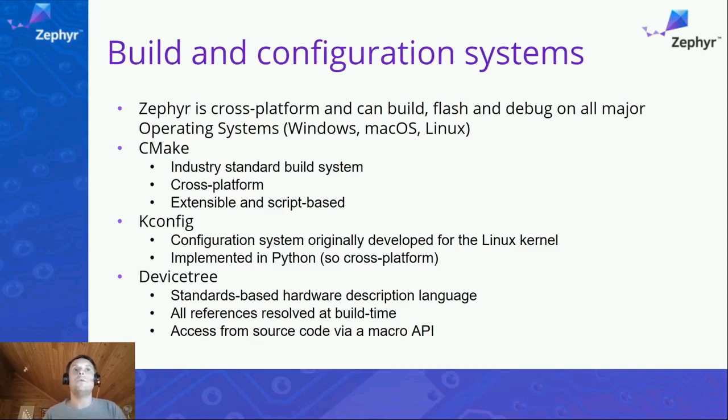There's no runtime detection of the hardware. Instead, everything is pre-processed and pre-programmed at build time. And then to access the devicetree nodes and the properties, there is a macro-based API that you can use from your source code. That gives you access to all of the instances of the different devices, buses, and so on. That's basically what we use in order to build and configure Zephyr.